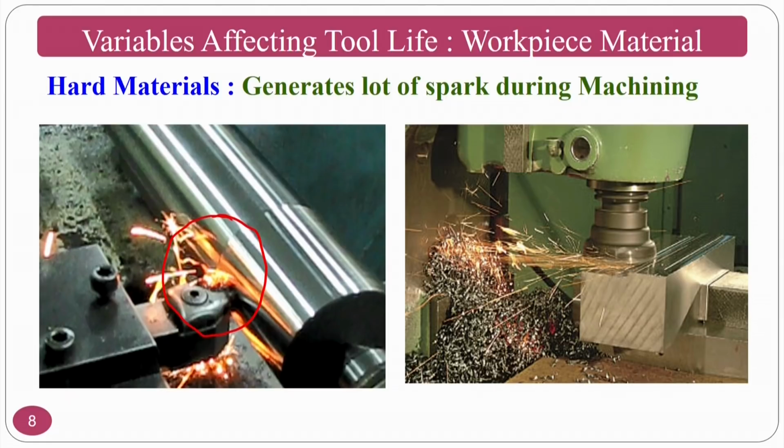So I am machining a hard material, hardened steel. Steel is a ductile material, so the ductile material is giving us the continuous chip. Since I am using moderate depth of cut and feed at moderate speeds, red color chips are coming out, which is very dangerous from the point of view of the operator as well as tool wear.